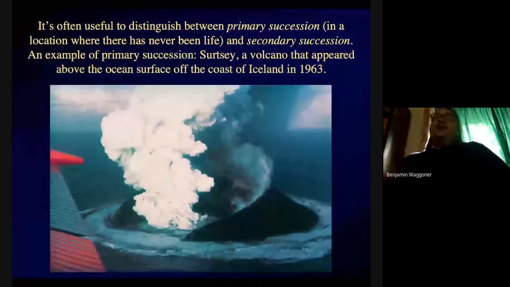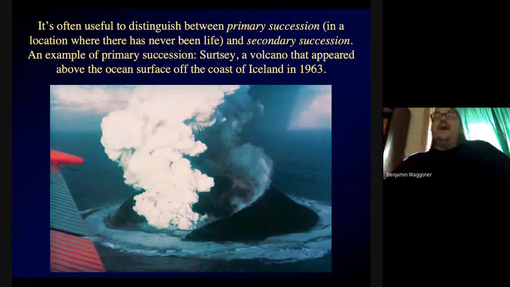And we can watch this happen in real time, and this is a great example of it. We can distinguish between primary and secondary succession. In primary succession, it's happening on a location where there's never been any life. What you're looking at is an aerial photo of Surtsey.